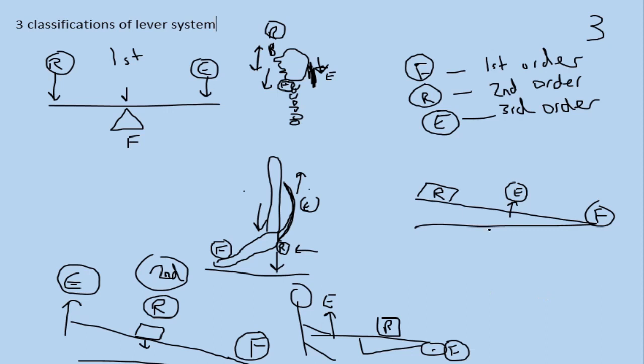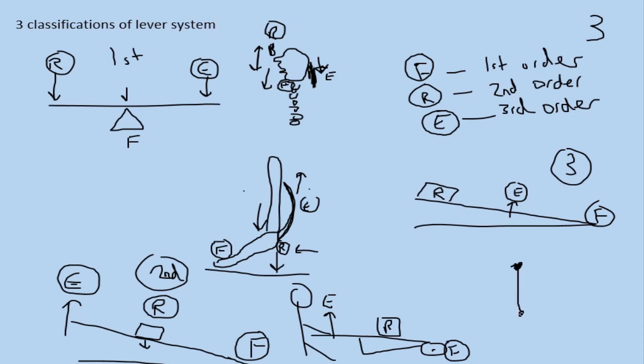In terms of a third order lever, the effort is in the middle. So I think a lot of your joints are third order levers, and I'm led to believe this is the most common lever system in the body.